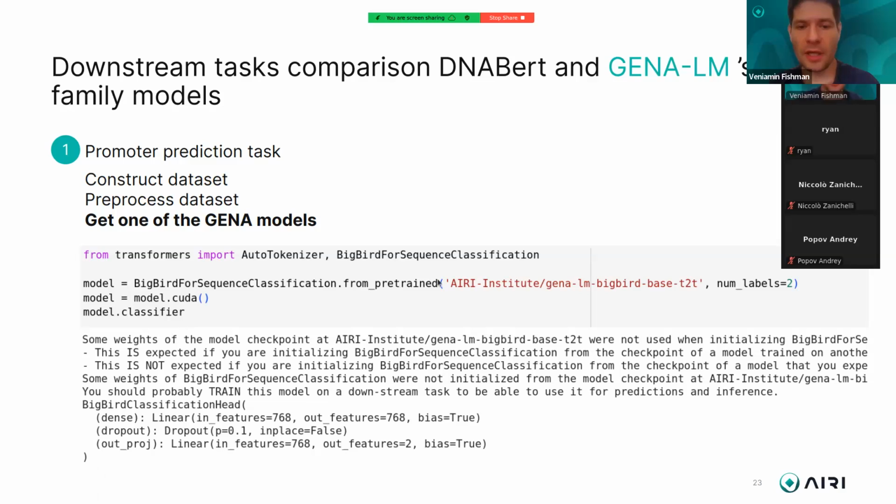But note that here you would need to initialize this object with our model, which is deposited on Hugging Face, and you will need to specify the number of labels. It's 2 in this case because we have one label for presence of promoter and another label for the absence of promoter.